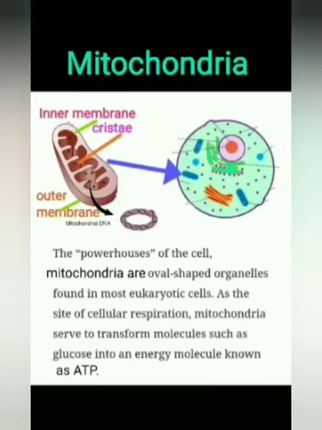Mitochondria are site of cellular respiration and they are also known as powerhouse of the cell. The energy stored in ATP is used by the cell. ATP stands for adenosine triphosphate. Mitochondria have their own DNA and they are able to make some of their own proteins. So they are known as semi-autonomous organelle.